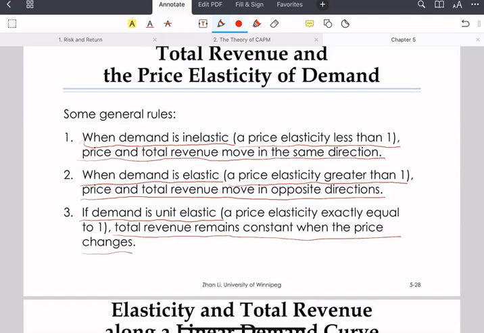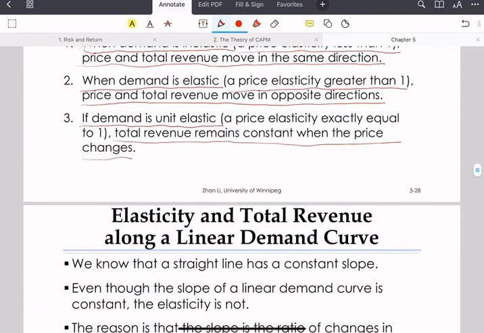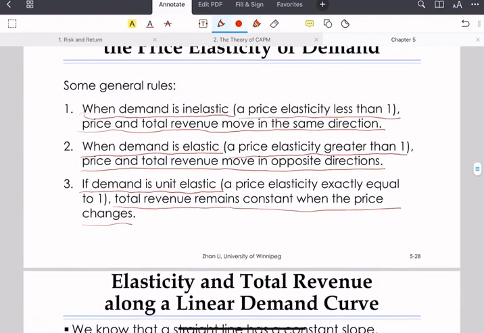Now, let's think about this. Why do we get this result, right? Why, when demand is inelastic, will your total revenue be larger if you increase your price? That's the question here. Intuitively, you can answer this question according to the definition of elasticity. So let's say your demand is inelastic.